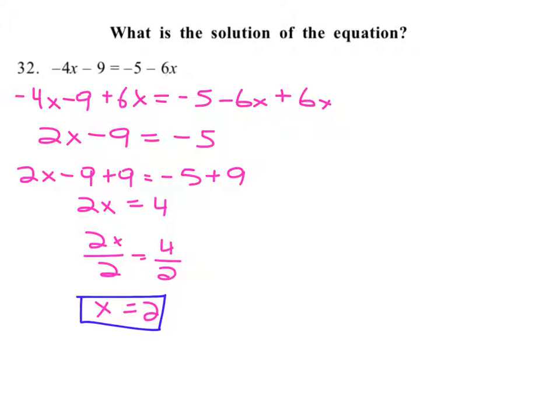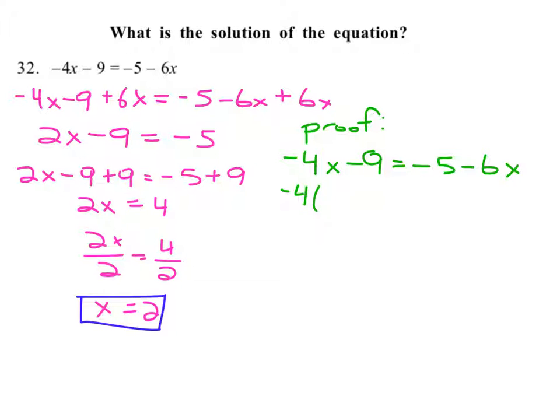And let's do a proof. This part's kind of sticking over a ways, so I'm going to just start my proof a little lower than that. I'm going to say proof: negative 4x minus 9 equals negative 5 minus 6x.